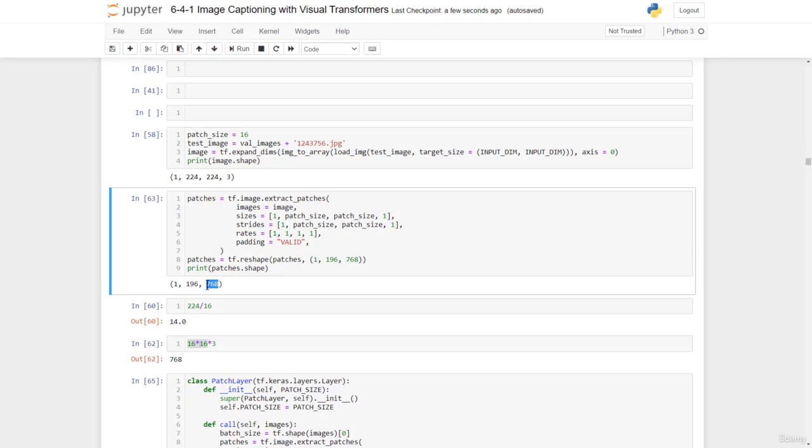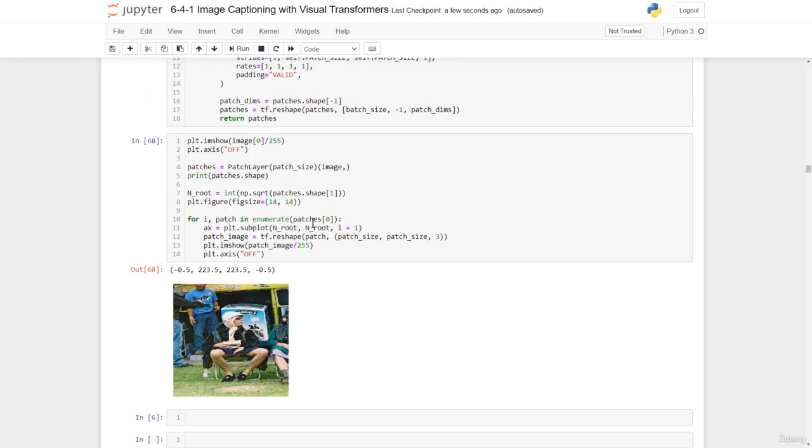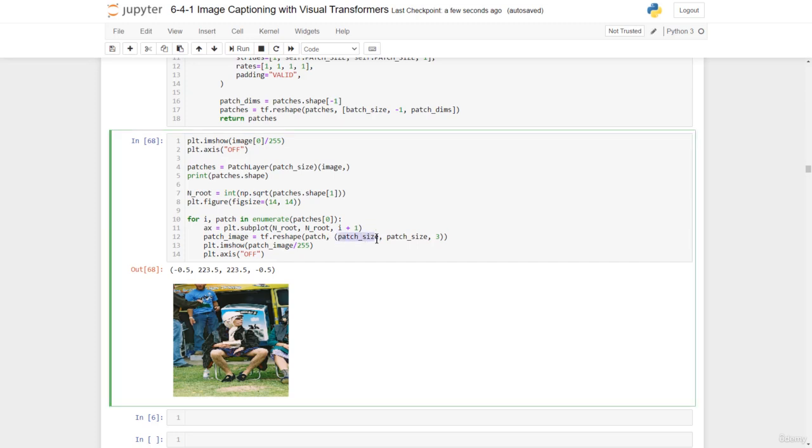Now what we'll be doing is that for each patch we shall reshape this last dimension here such that we have 16 by 16 by 3. So let's get back to this. We see that when we reshape the patch, we reshape it such that we have the patch size, so 16 by 16 by 3, and this is gotten from the 768.